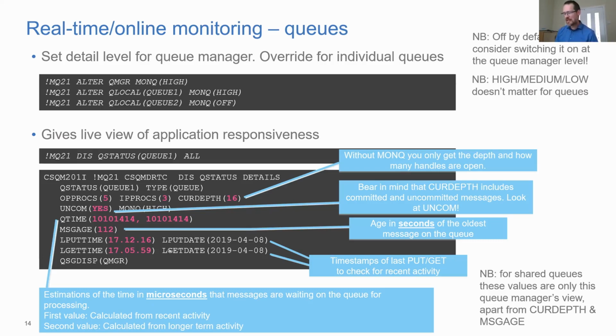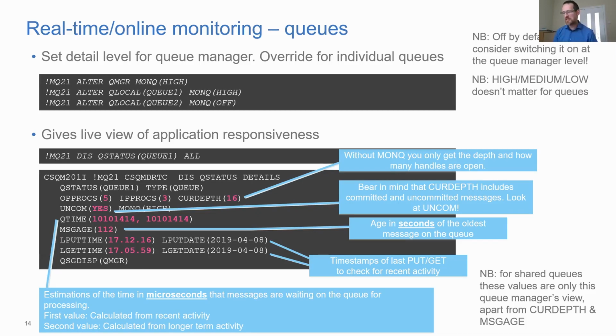Message age, this is another interesting one, and it basically shows you the oldest message on the queue. Now this can be quite useful, particularly if you've got the odd marooned message that's been stuck on the queue for ages and no one's gone and got it. And maybe that's an application bug, or maybe that message should be expired in some way. So should you actually be using message expiry for the messages on your queue?